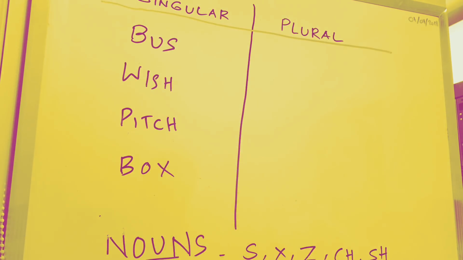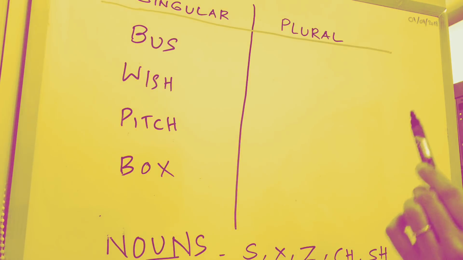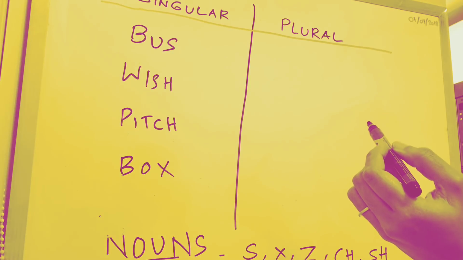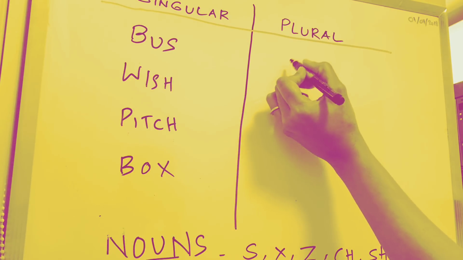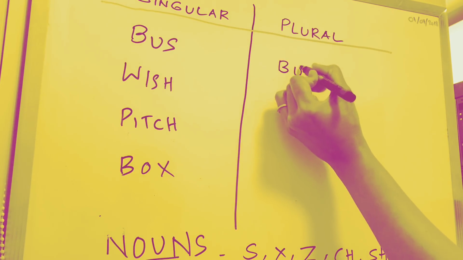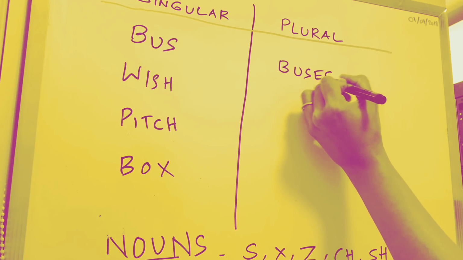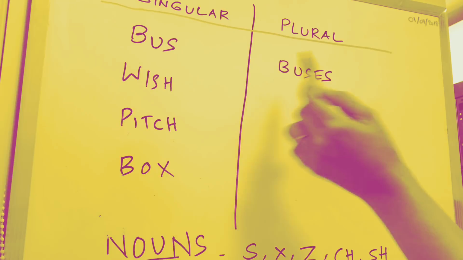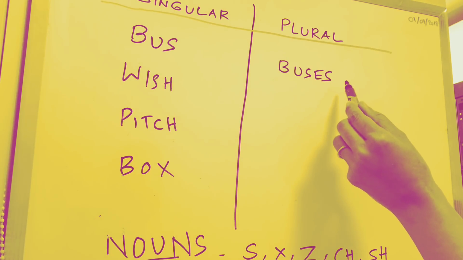But when a noun ends with these letters, let me show you how to change it into plural. So bus would be changed like this. We would add an ES.